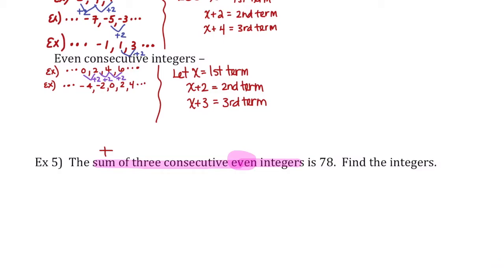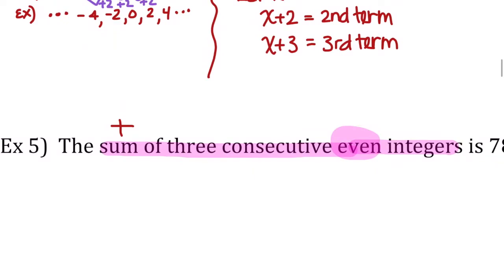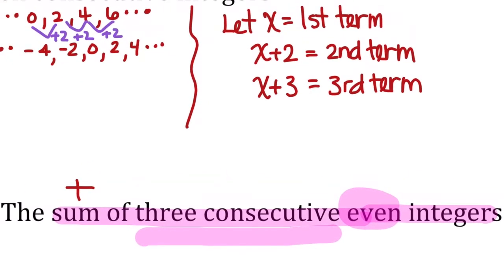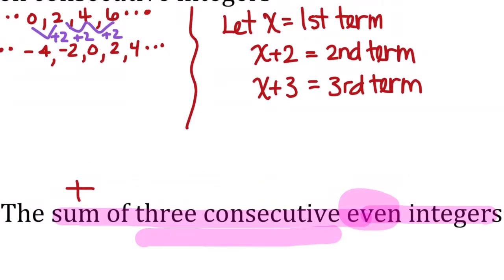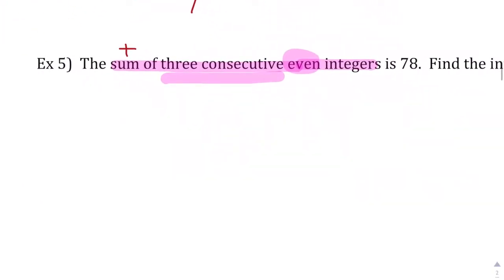So now let's take a look at the even integers, and you want 3 of them right here. In that case, we are going to use the pattern right here. x equals first term, x plus 2 equals second term, x plus 4 equals third term. So we're going to write that down.